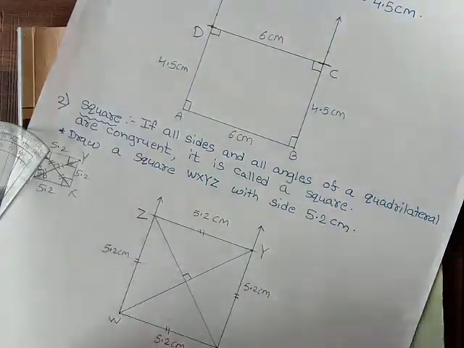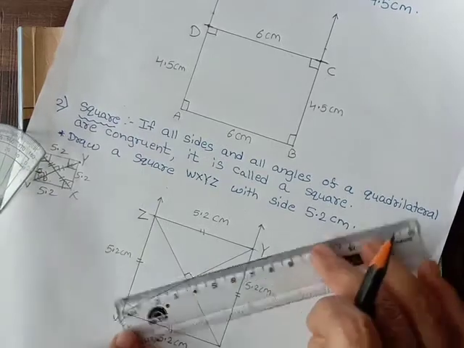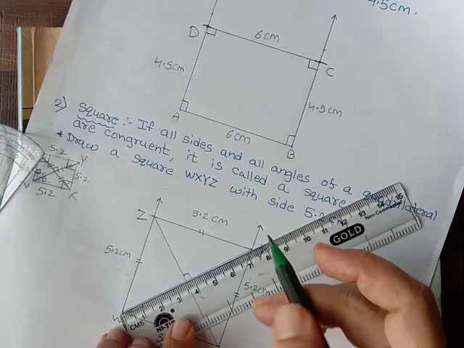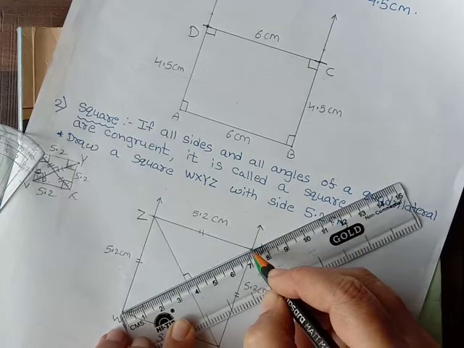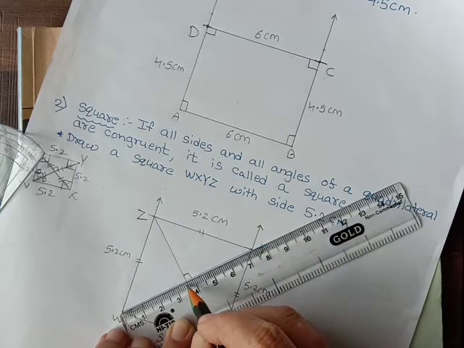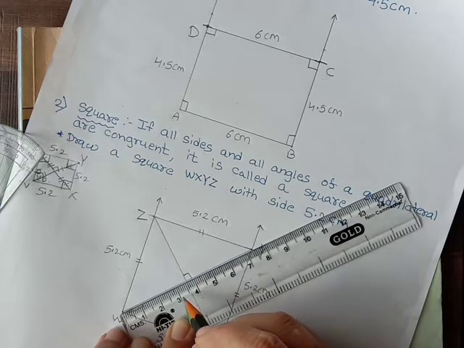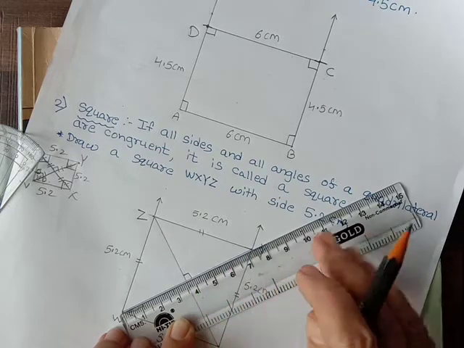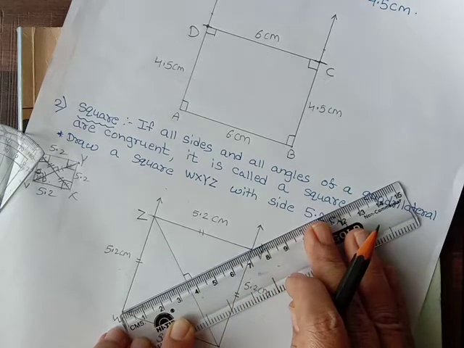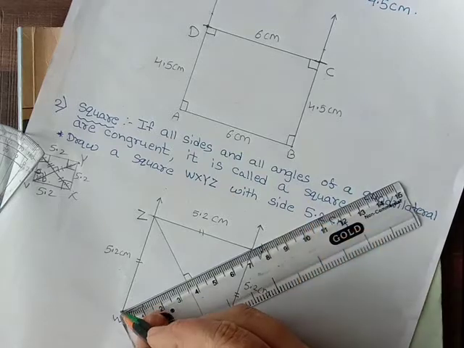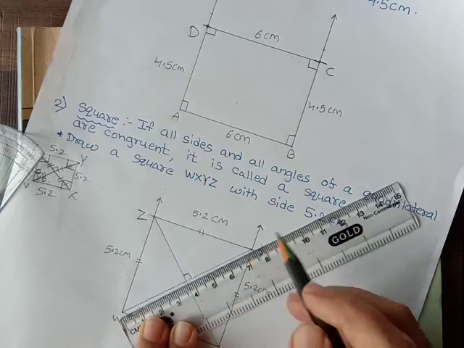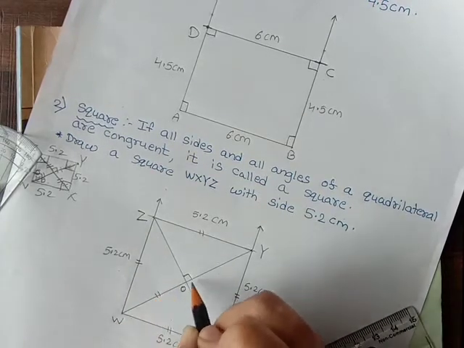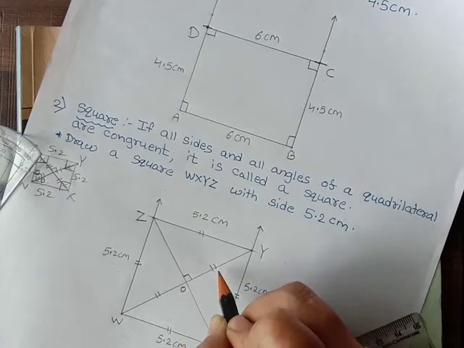If you measure the length of the diagonal, students, this diagonal is how much? Arbitrarily 1, 2, 7.3 something. So it is 3.6 and something. 3.5 is 7 and here something more is there, so 3.6. Now the least count of this is only 1 millimeter. You can't go beyond that. So from this to this is exactly equal to this point to this. So if I give a point O, length WO is exactly equal to OY.